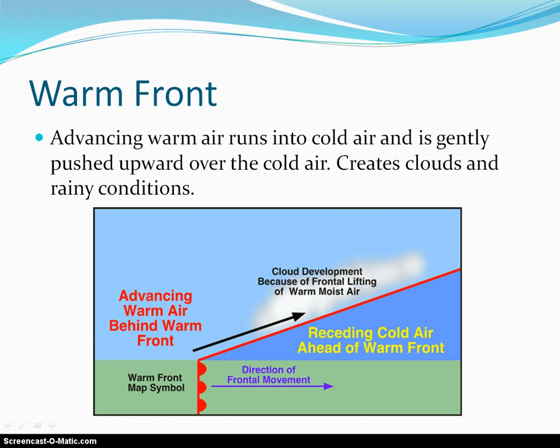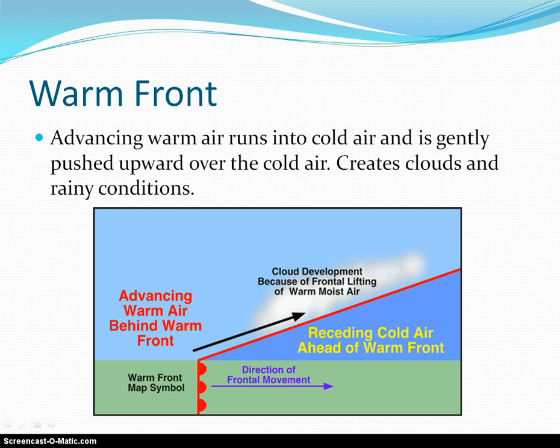As it does this, it's going to ride above and push out that air mass, and as it lifts, it's going to cool and condense, and the water vapor in that warm mass is going to condense. That's how your clouds are going to form, and you can get precipitation or rainy conditions from this type of process. The rain would be out front, in front of that warm front that is moving in, and then behind the warm front you'll have nice clear skies and warm conditions.